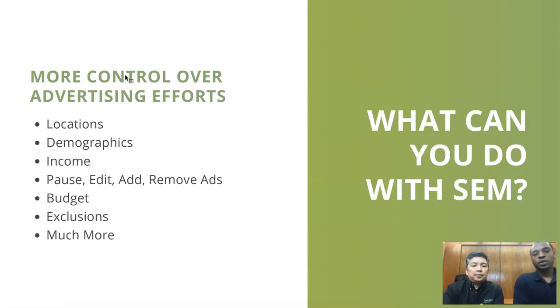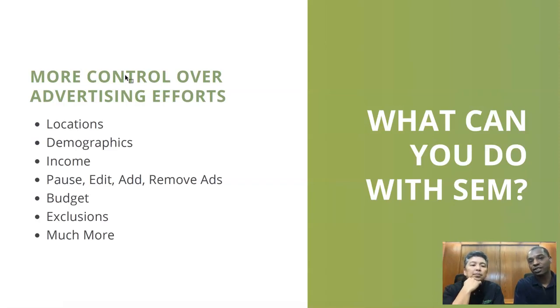Going off of that, with SEM, like I said earlier, you have a little bit more control, but what exactly is that? With SEM, you have control over your locations, your demographics. You can even set an income range for people that you want to show your ads to. If your ads are performing really well, too well actually, and you can't control all the traffic coming in, you can pause your ads.